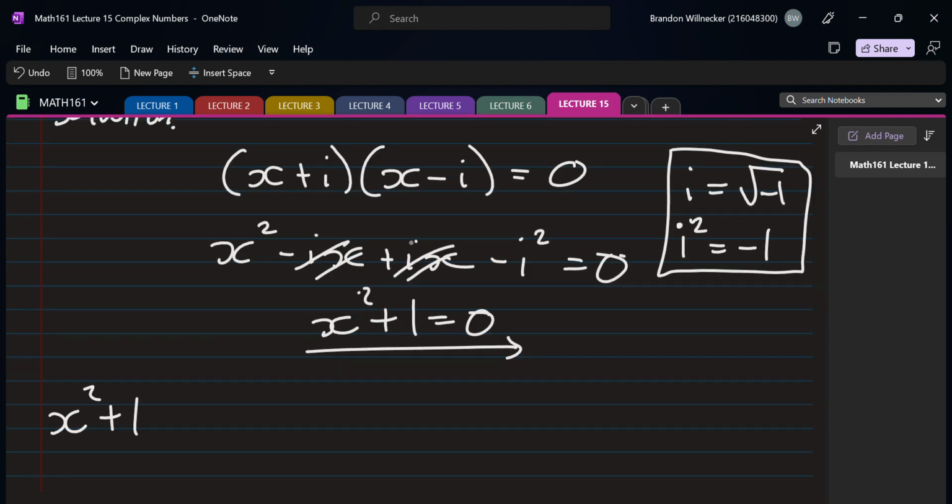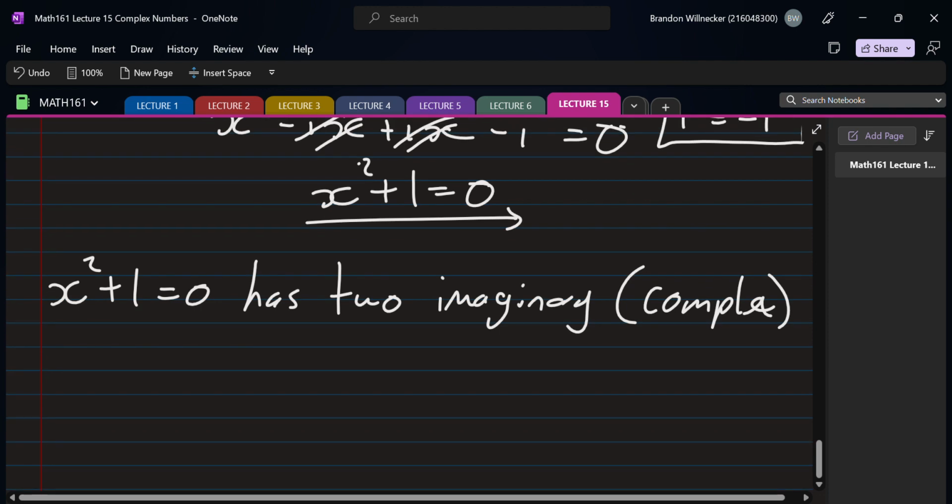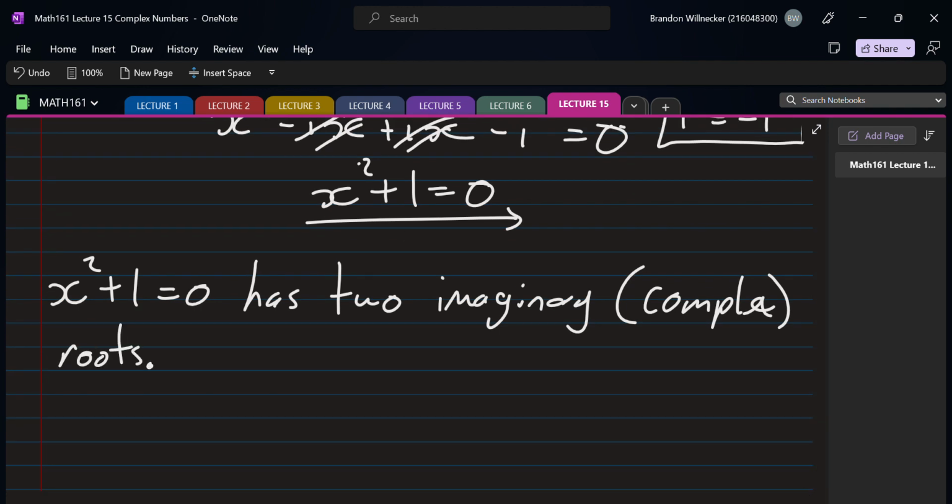So x squared plus 1 equals 0 has two imaginary, okay, that's what we call this i, it's an imaginary number, or in general we call it a complex number. Okay, we'll get to that now. Complex roots. Okay, so i and minus i, and we'll get to more examples, are examples of complex numbers.